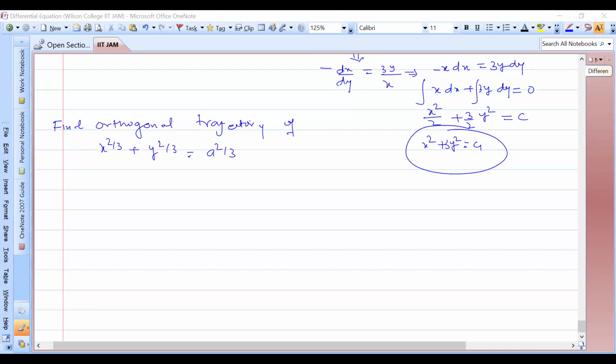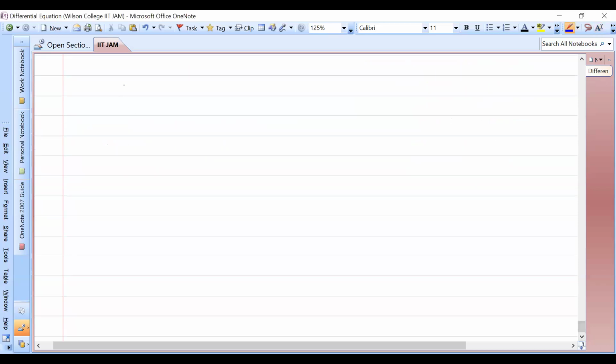Suppose we have one sum. I'm writing here from my side. Most probably dy by dx plus mod of y equals 0, and they have given y(0) equals 1. Can you people solve it?